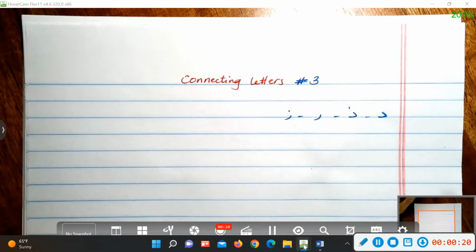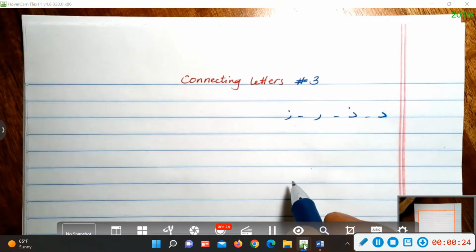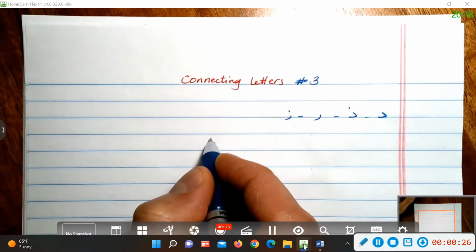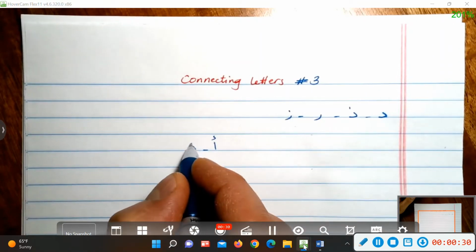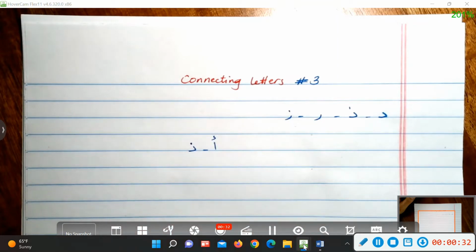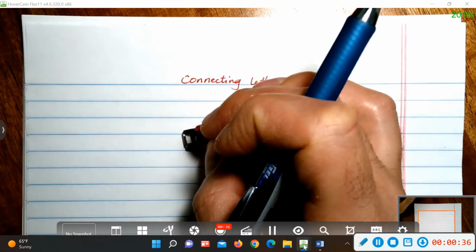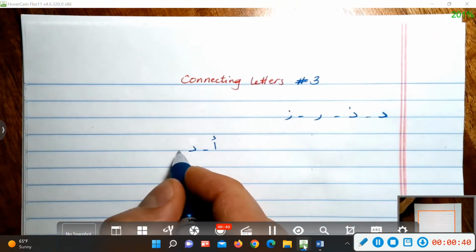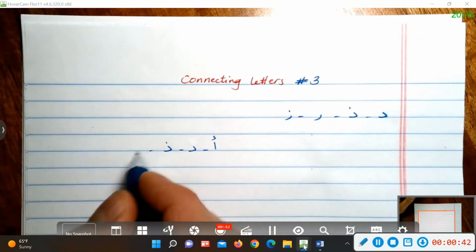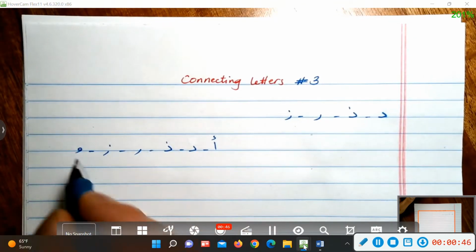We learned before that we have 6 letters that don't connect to the left side, which are alif, da, dal, dhal, ra, zai, and waw.